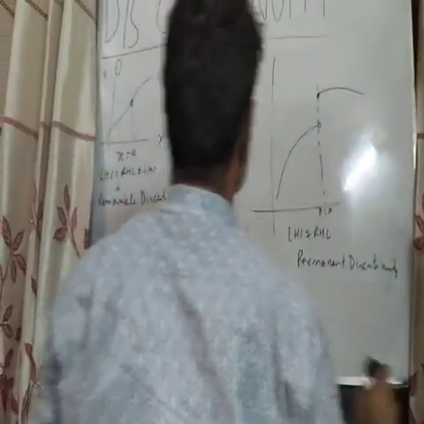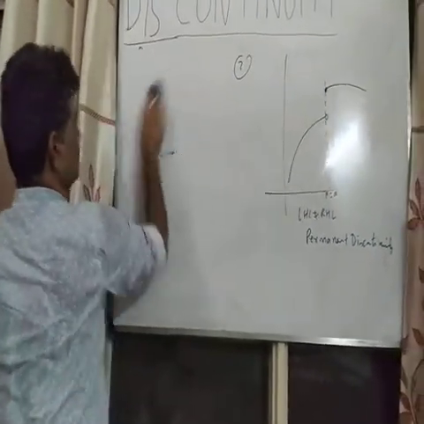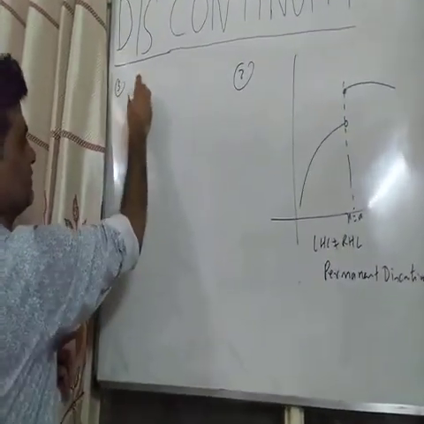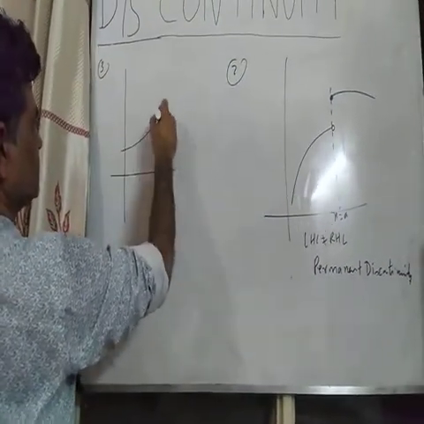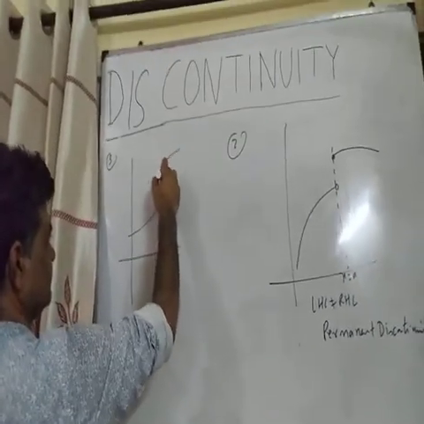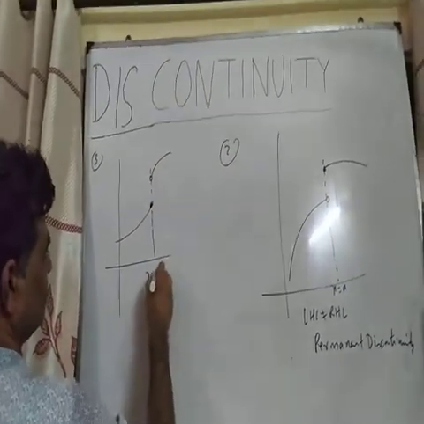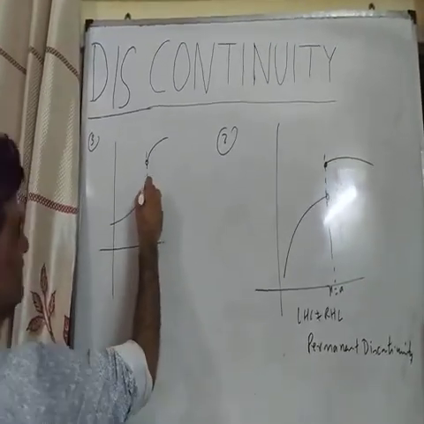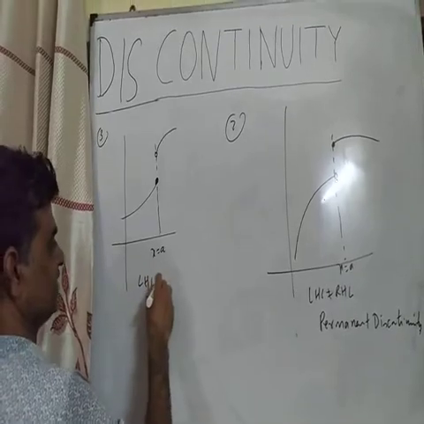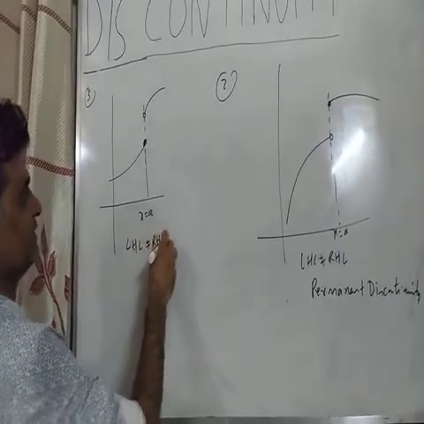Similarly, the third case. Just see this, and this is the graph at x is equal to a. Here also the function is discontinuous. The left hand limit is not equal to the right hand limit.